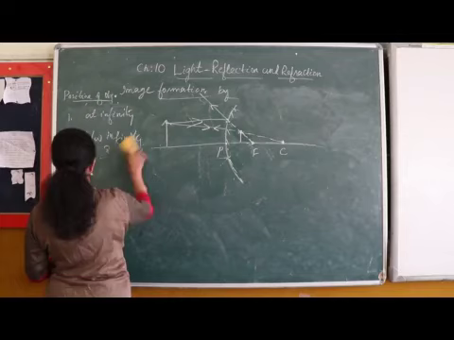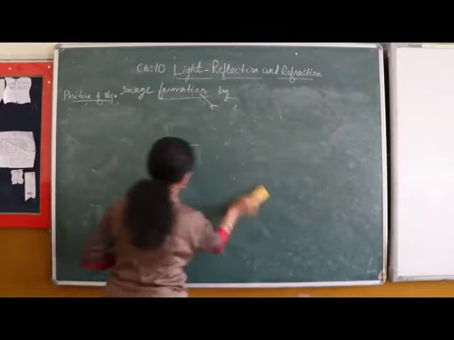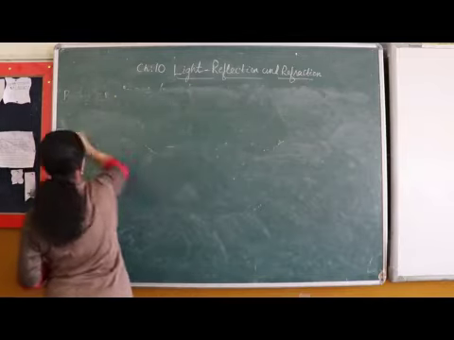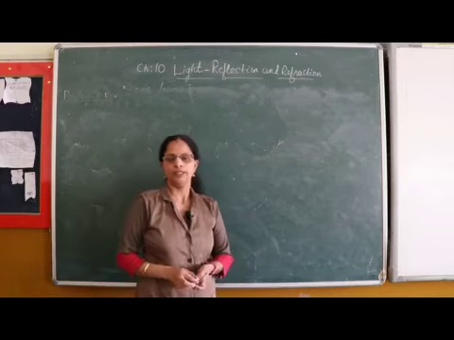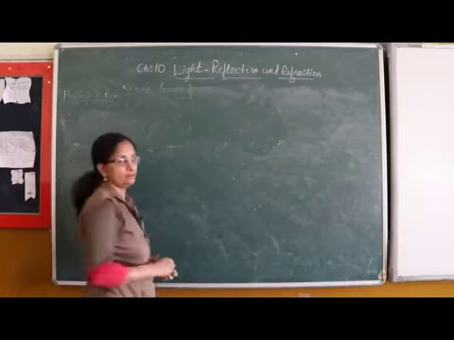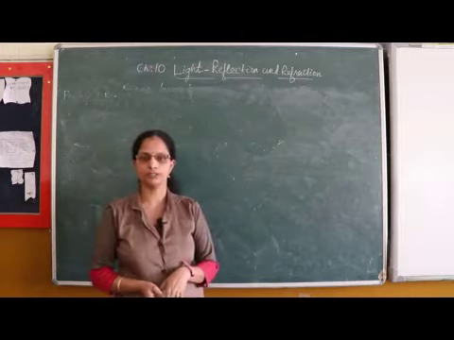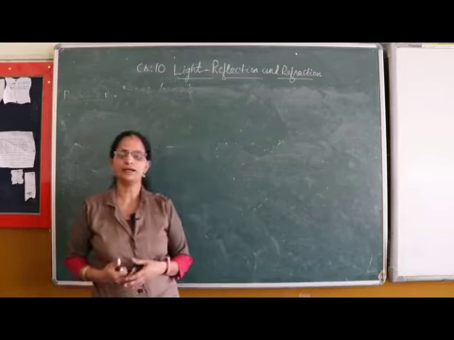Now we can see the uses of convex mirror as well as concave mirror. Concave mirror is used in various situations such as a dentist mirror, because we have seen in the last situation when the object is between P and F, it forms an enlarged image.